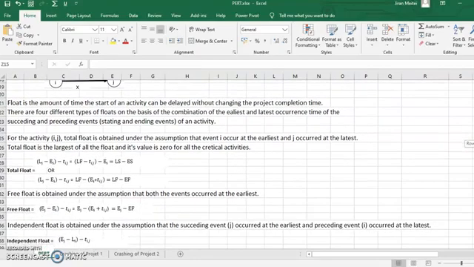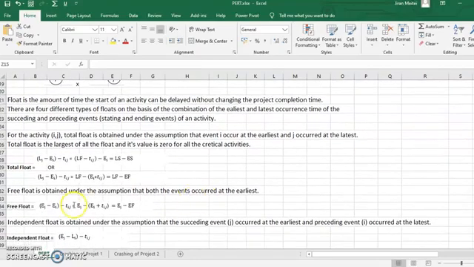Now, next float, free float. You compute the value of free float under the assumption that both the succeeding and the preceding events occur at the earliest. So EJ minus EI minus TIJ is going to give the free float. What is the next combination?